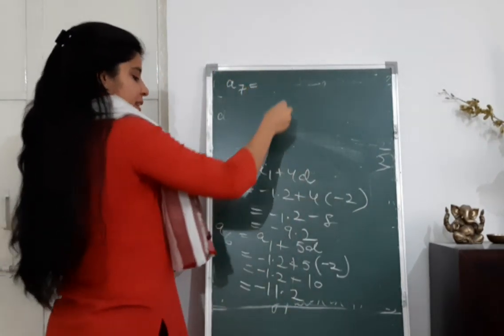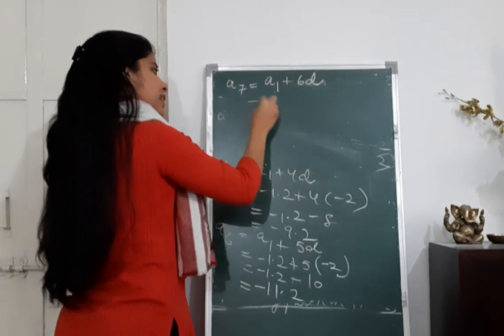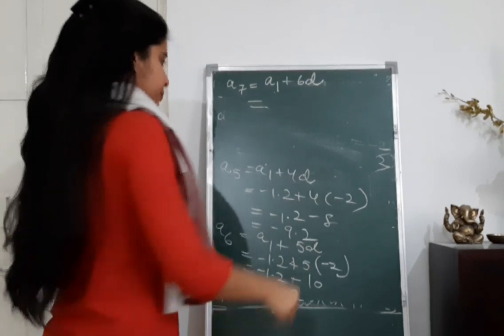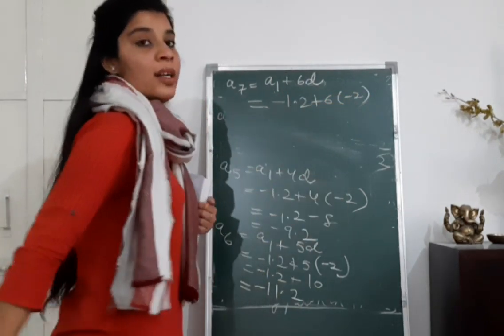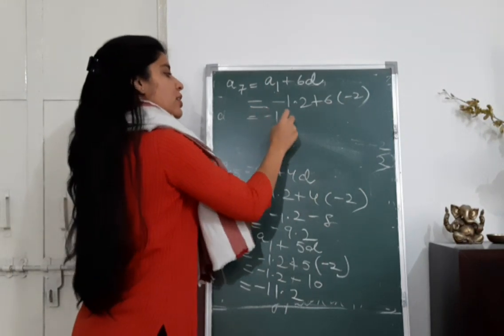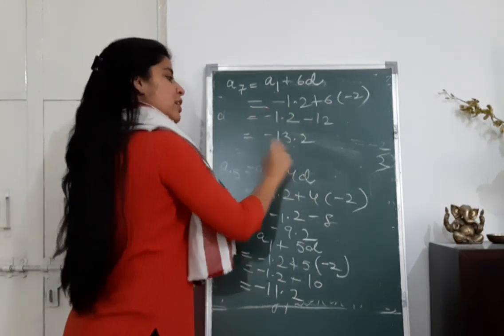What is going to be A7? It is going to be A1 plus 6D, which is nothing but minus 1.2 plus 6 into minus 2, which is minus 1.2 minus 12, that is minus 13.2.